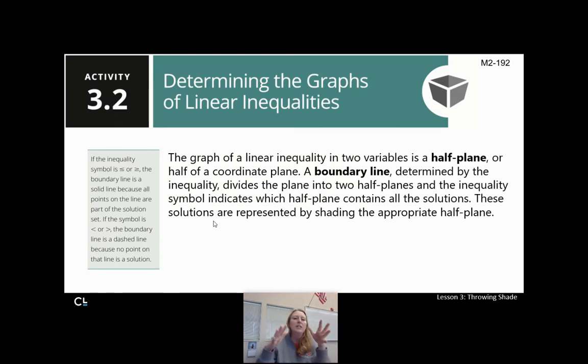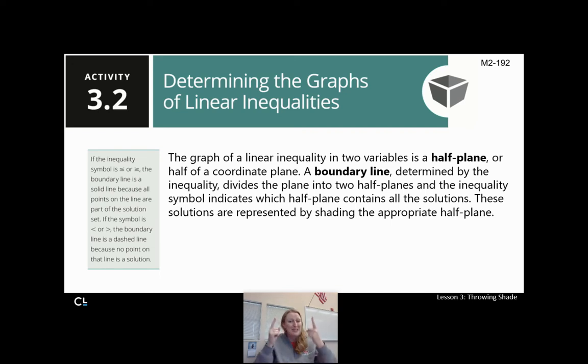So the graph of a linear inequality in two variables is literally half the plane, right? It's half of the entire coordinate plane. So we say the graph of a linear inequality is a half plane, that we just shade the half that applies to us. But of course, we know there's a boundary line. By the way, you notice these are bold.